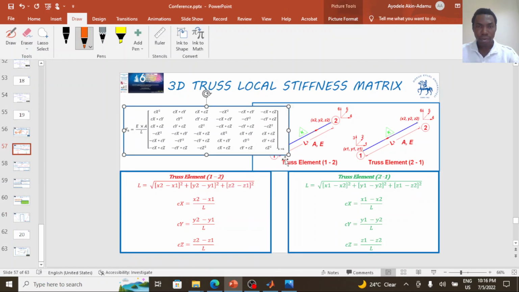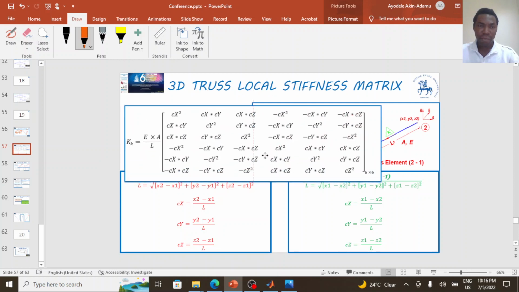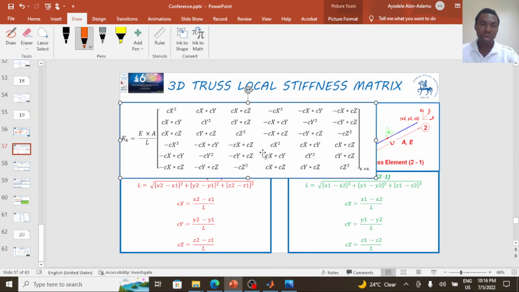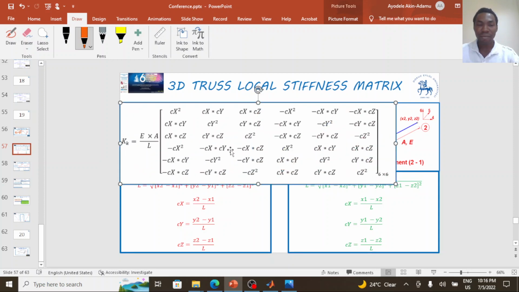Like every finite element problem, the one dimensional problem has its stiffness matrix, and the plane truss problem has its stiffness matrix. The 3D truss problem also has its own stiffness matrix, defined by this 6x6 matrix, where Cx, Cy and Cz are the cosine angles in the x, y and z direction respectively.